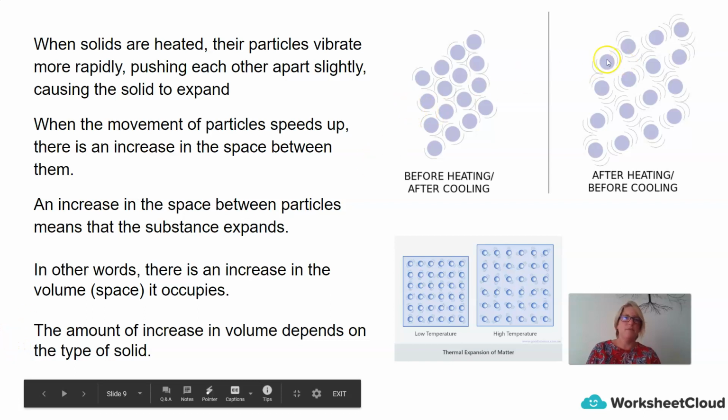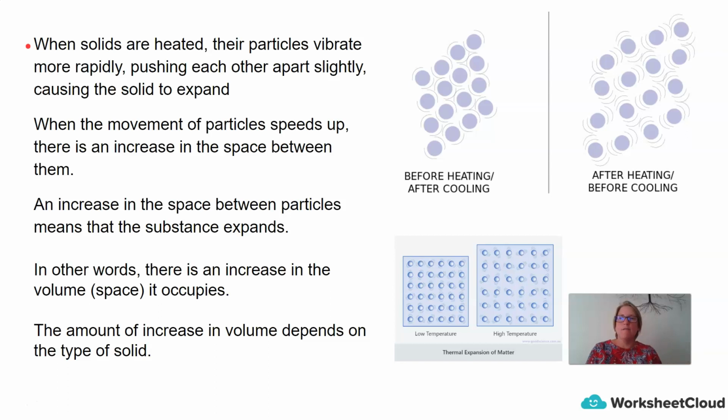So here we have some diagrams that will help us with the explanations. When solids are heated, the particles vibrate more rapidly, pushing each other apart slightly, causing the solid to expand. So as we go from this picture to this picture, the particles have started to vibrate, and you can see that if we look at these particles here, and these particles there, they have started to move slightly apart.